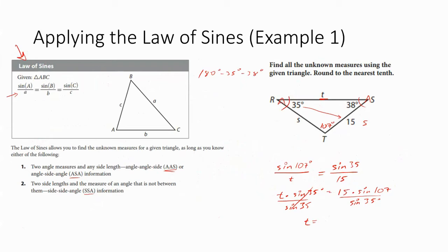Divided by sine of 35 degrees. All right, and it looks like we round to the nearest tenth. So attention to detail, okay? You should get 25.00. So 25 works just fine. All right, so t equals 25.